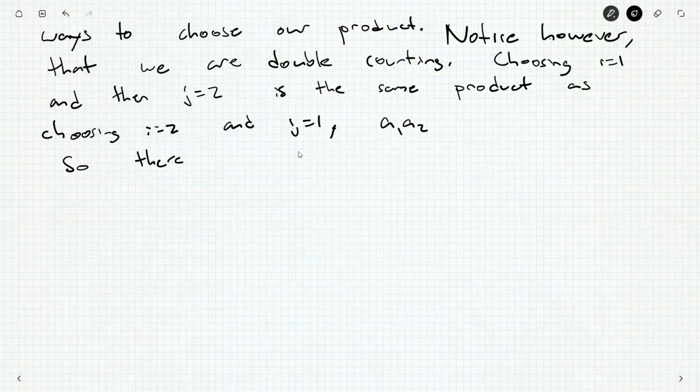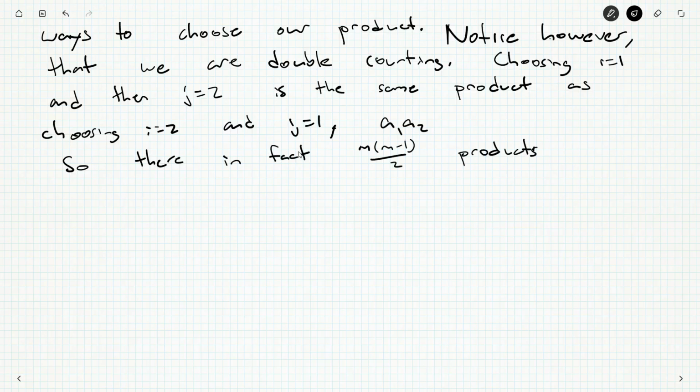So, there are, in fact, M times M minus 1 over 2 products of the form 1 times 1. Okay.